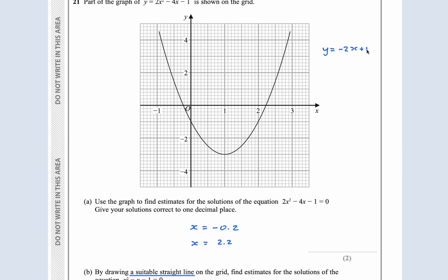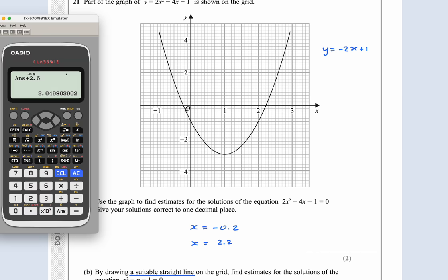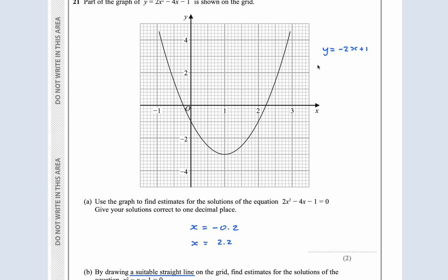Now, guys, how do you draw y equals minus 2x plus 1? Well, one method is certainly, if you're not sure, you can pick any 2 points. Okay, I'll show you both methods. I like to do this because all you need is 2 points to draw the line.